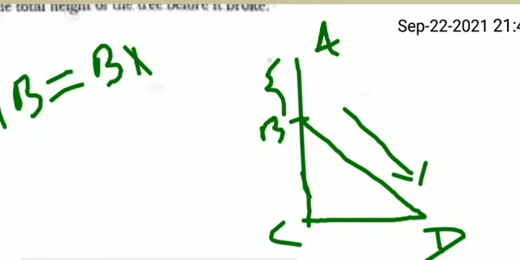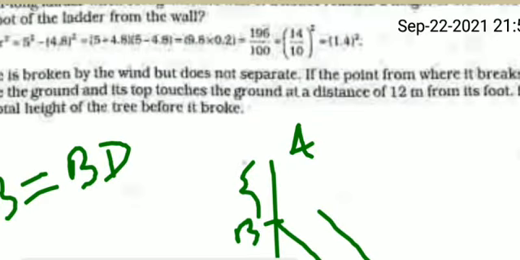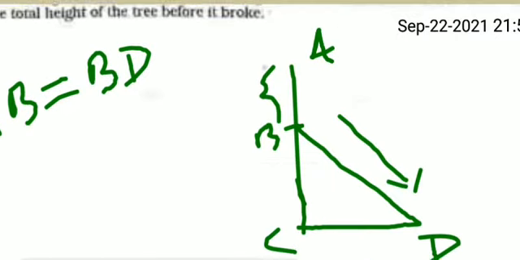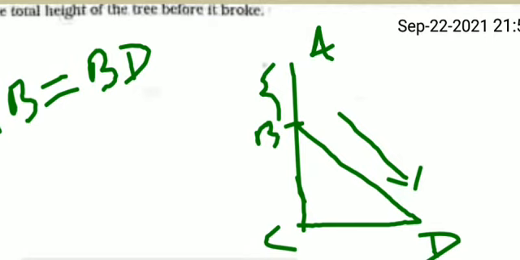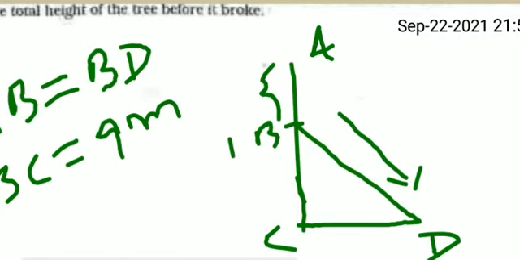BD is the hypotenuse. Also, the question tells that the point from where it breaks is 9 meter above the ground, that means BC is given as 9 meter.